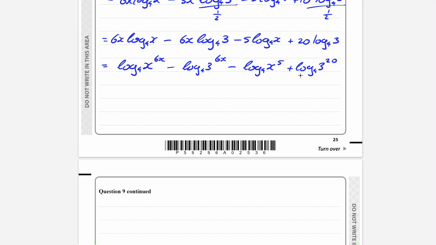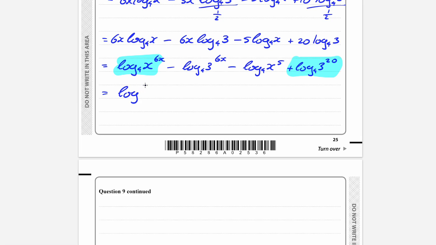Okay, now I can just essentially add these. So this is going to be this plus this. Let's just do the positive ones first, guys. Again, when I add logs, I multiply what's in the log. So log a plus log b is equal to log ab.